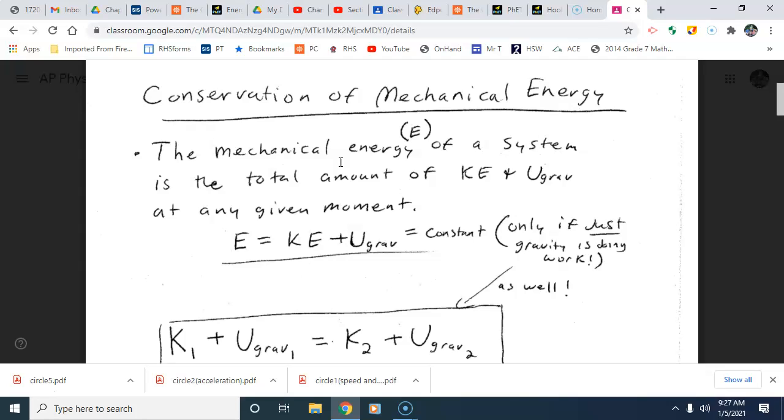If we had 100 joules of potential to start, and the object fell and started to drop, we would still have a total of 100 here. It just would be divvied up differently. Some of it would be kinetic, some of it still potential because we haven't reached the ground. When we reach the ground, not after it hits, but the moment it strikes, then it's all what kind? Kinetic.